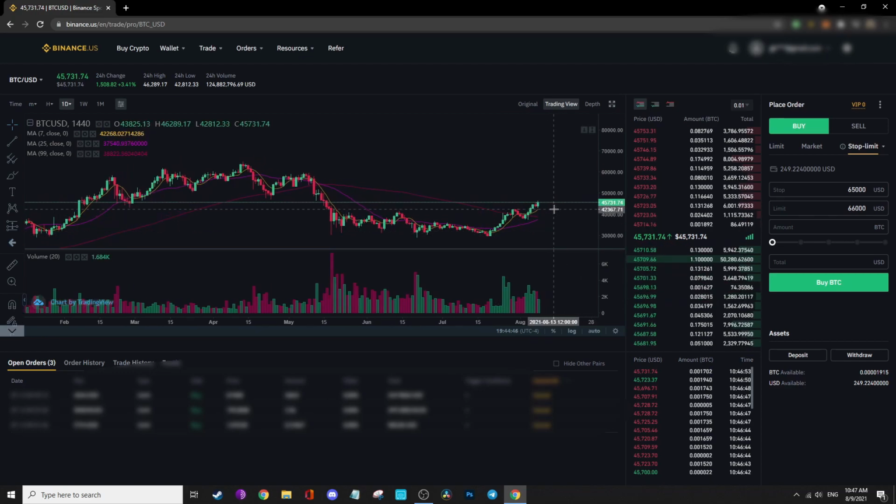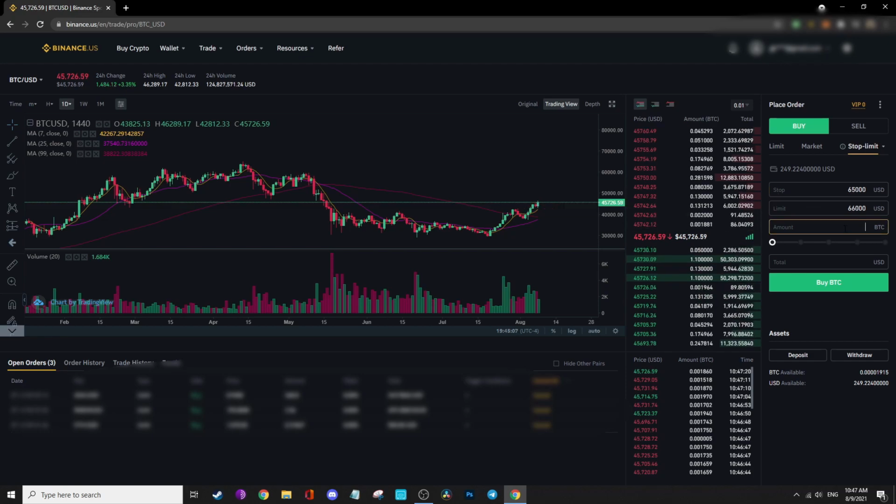In fact, you'll wait until Bitcoin reaches 65,000, and once it hits 65,000, this limit order will activate, and you'll be buying Bitcoin anywhere between 65,000 and 66,000, because you're going to be buying at the limit price or better. And in this case, our stop price would technically be a better price. So that's how you can use this.